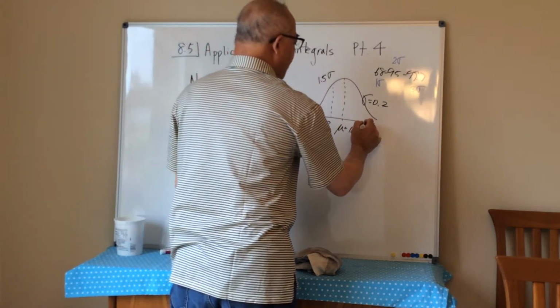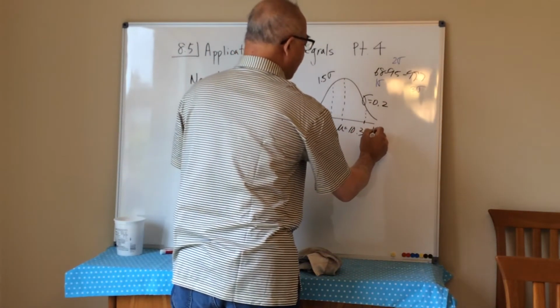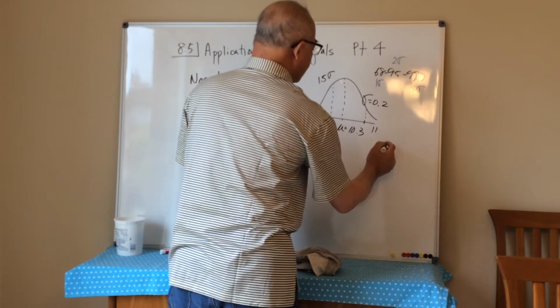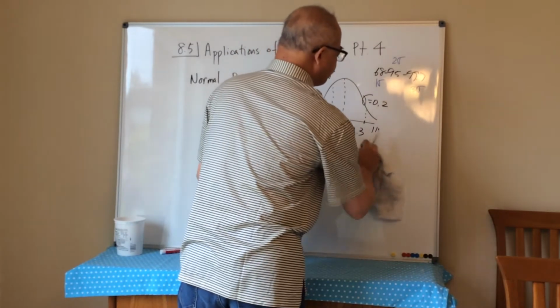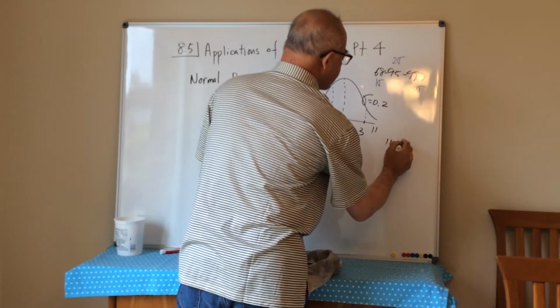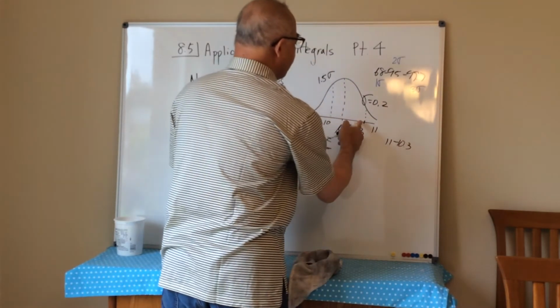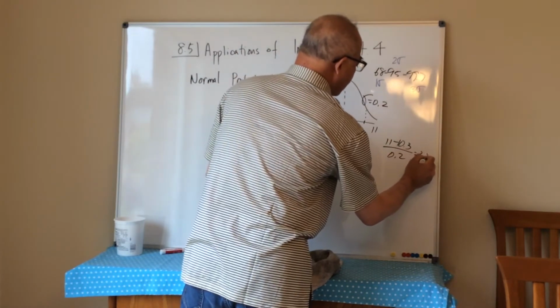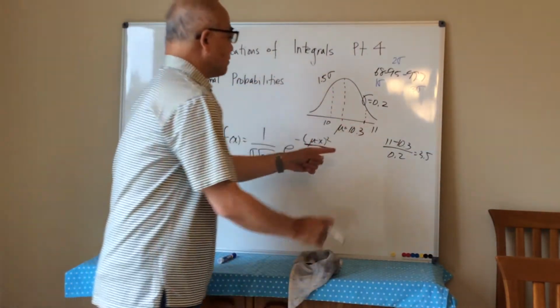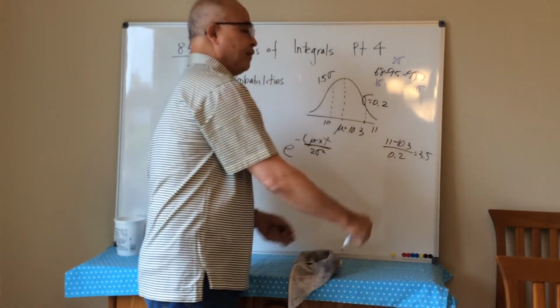And the top part at 11, where am I at? So it's going to be 11 minus 10.3, so I'm 0.7 away, and divide that by 0.2, so I'm 3.5 sigmas away on this side, okay?